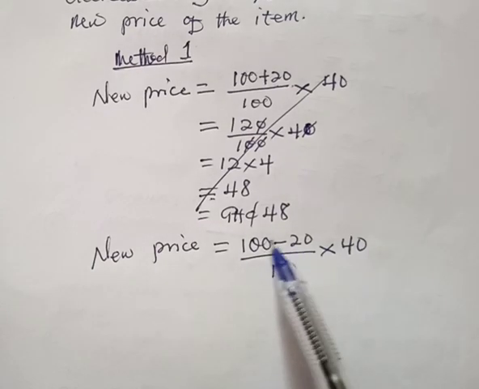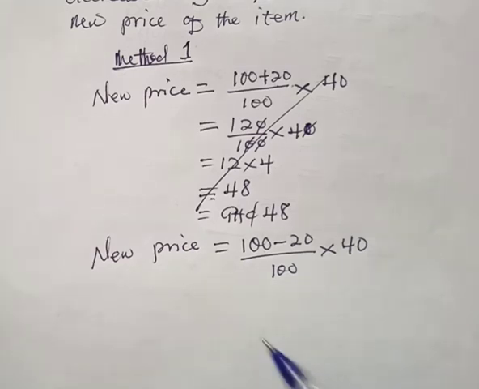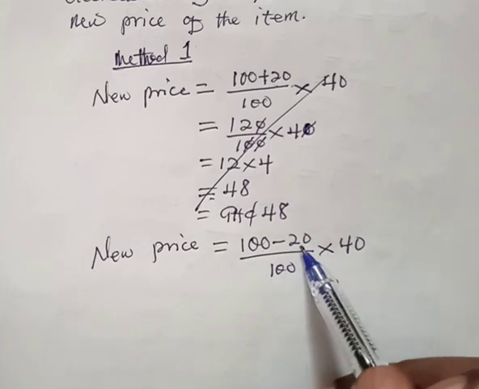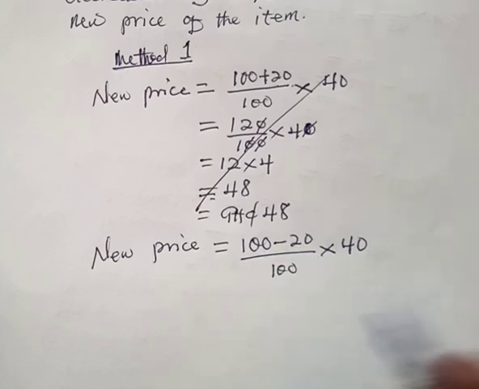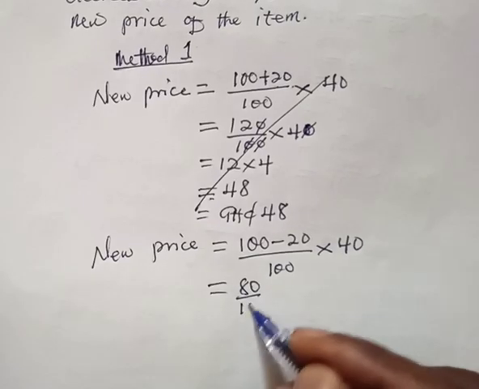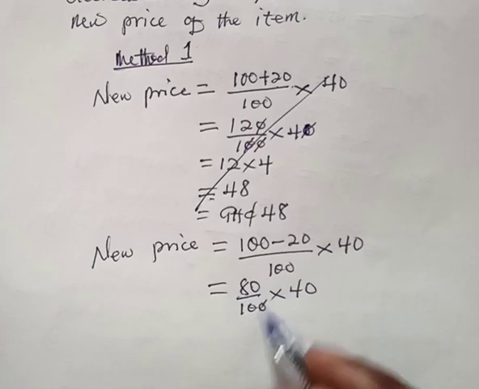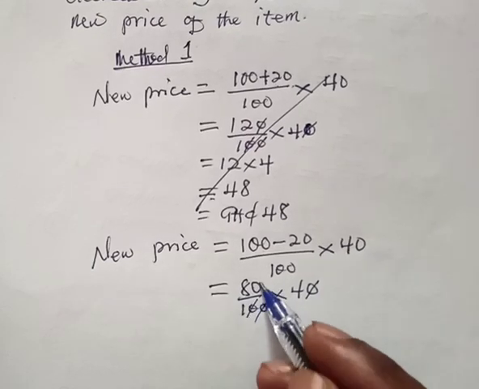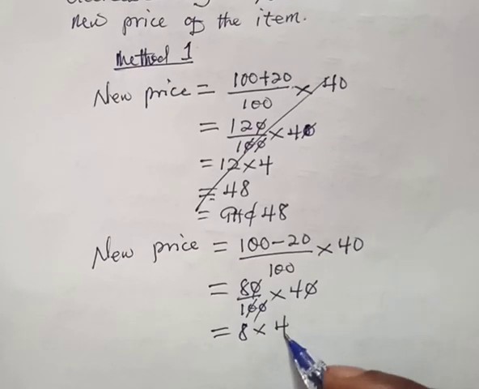So if we are decreasing, or if that amount has been decreased by 20%, then we subtract the 20 from the 100, which will give us 80 divided by 100 times 40. Okay, then I'll cross this. So I will have 8 times 40.